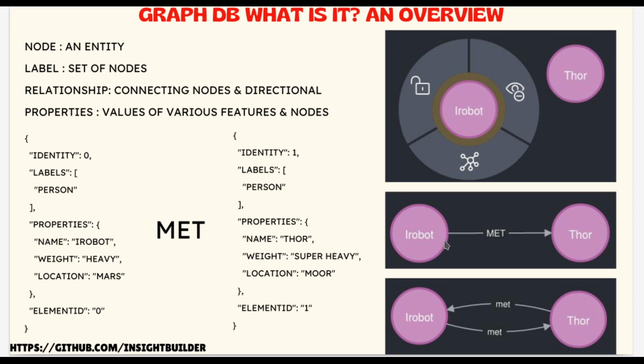Now you might be thinking, Kamal, iRobot is a name, Thor is a name, and both of these names will be coming under a single table. So are you saying that inside the tables, each and every row can also have relationships? Yeah, that is one of the differences that we find.